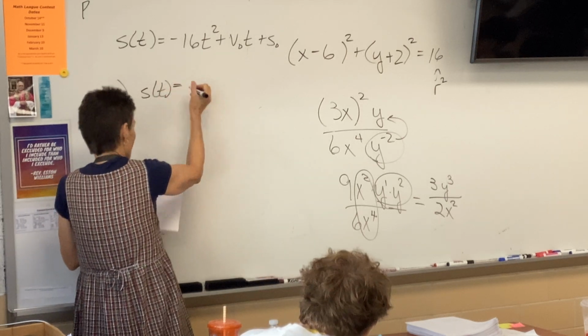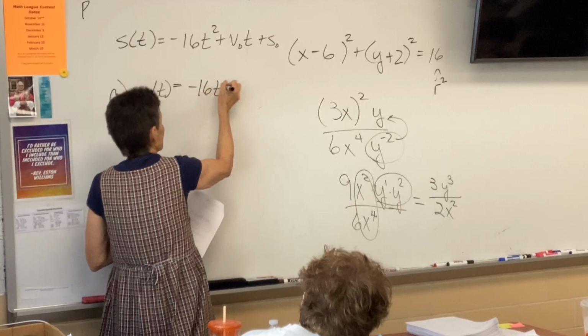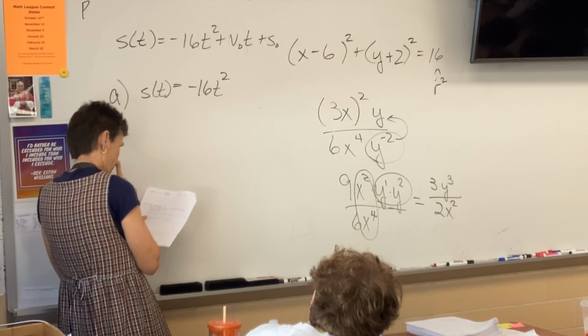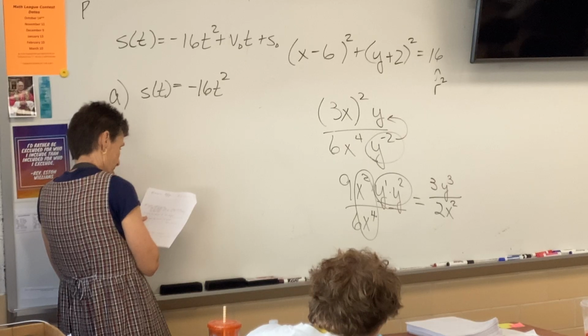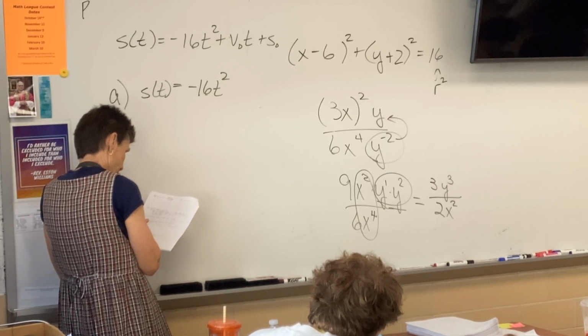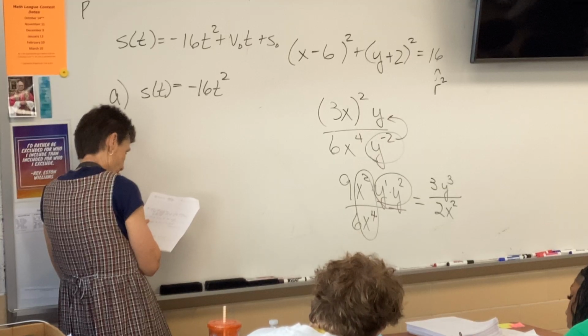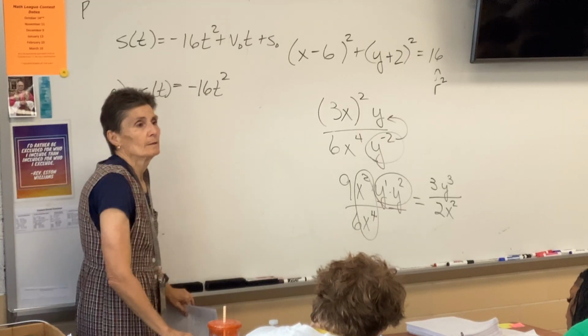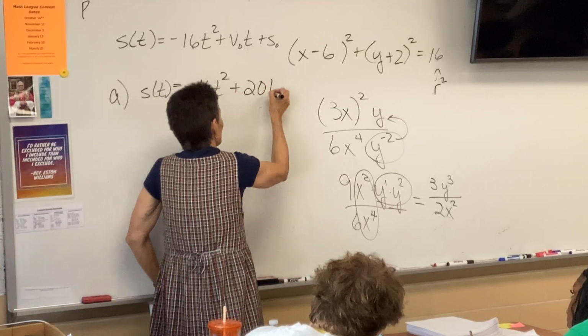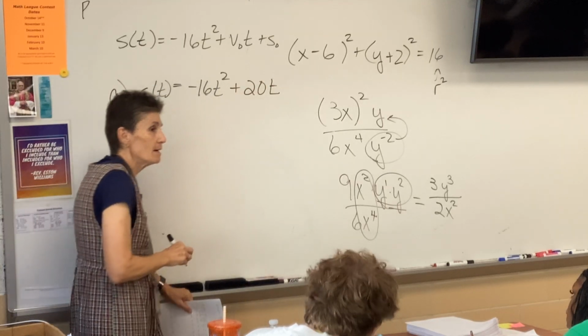S of t equals negative 16t squared plus 20t, thank you. I was getting ready to get mad.